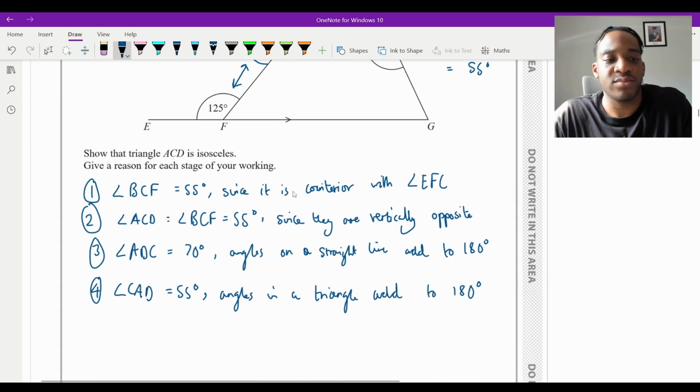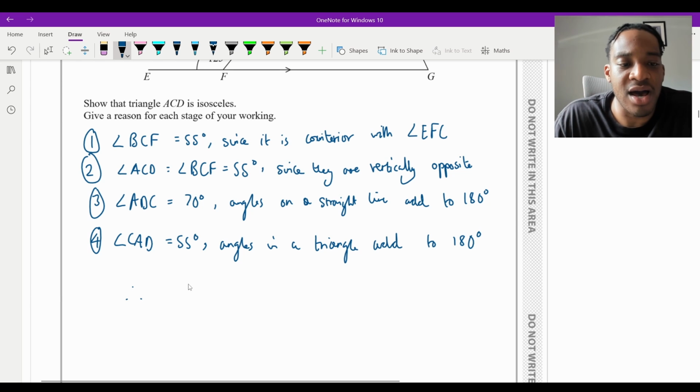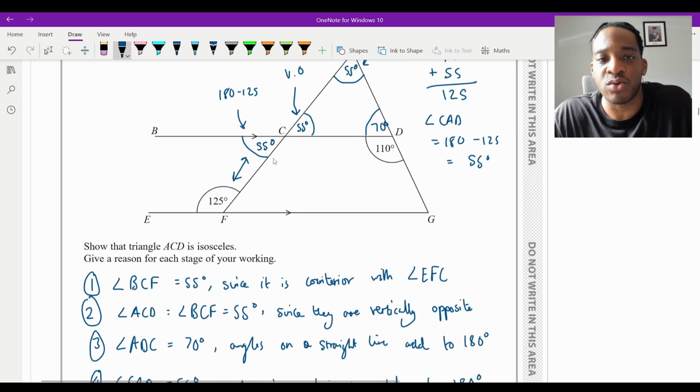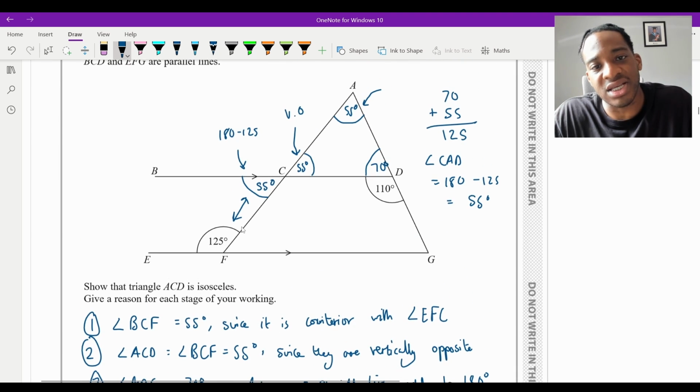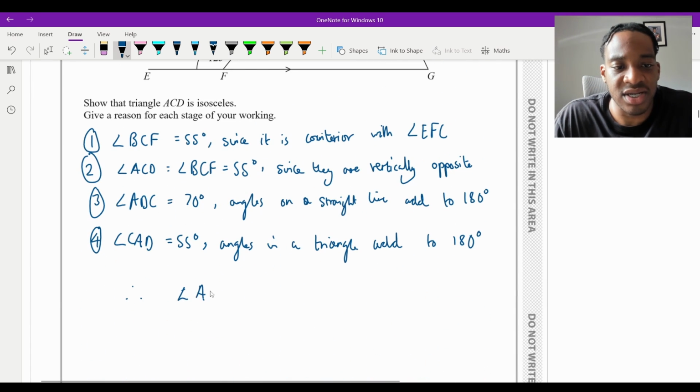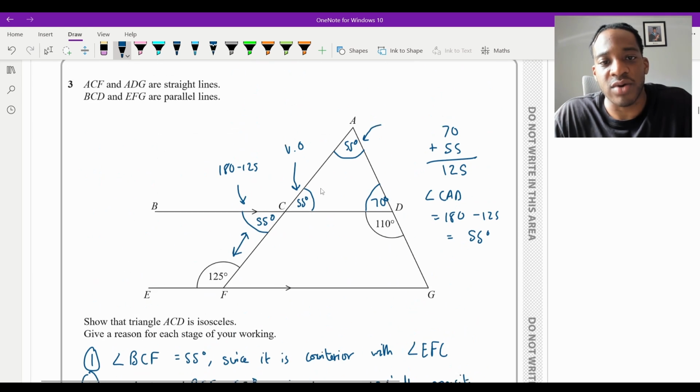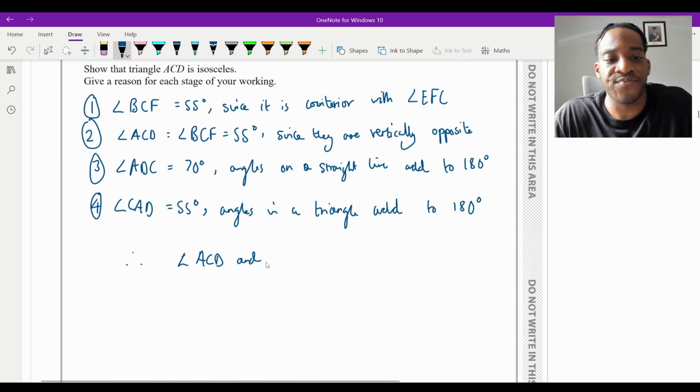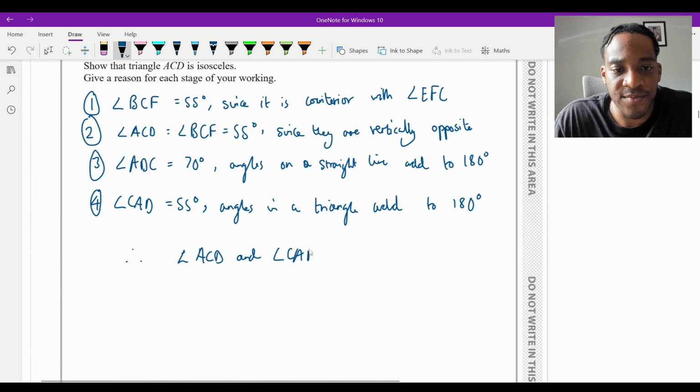So to finish off, we could say angle ACD, and ACD is this one, and angle CAD are both, oh, I should say in the triangle.